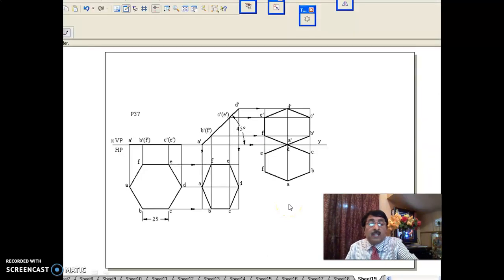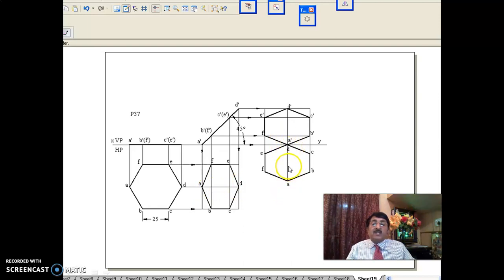Okay. Now as you see here, what you should always remember is, when you draw this XY line, VP, HP and all that, looking at the problem itself, you should be in a position to define the problem yourself. It has hexagonal lamina of side 25, corner on HP with diagonal or surface inclined at 45 degrees to HP, and the corner on HP is A. And what you've done is the opposite corner on the same diagonal touching VP. That means D is on the XY line.